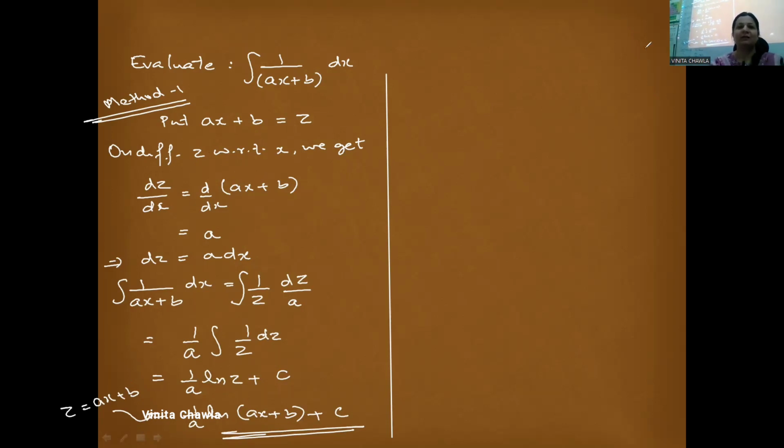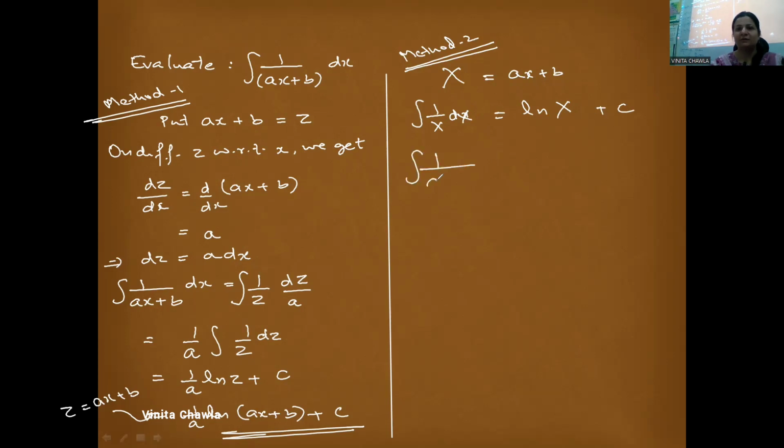Okay, second method is method 2. In this method, see, we can consider this ax plus b as, let's say, capital X. So what if we integrate 1 upon x? We get ln x plus c, right? So in place of this x, we have ax plus b this time.